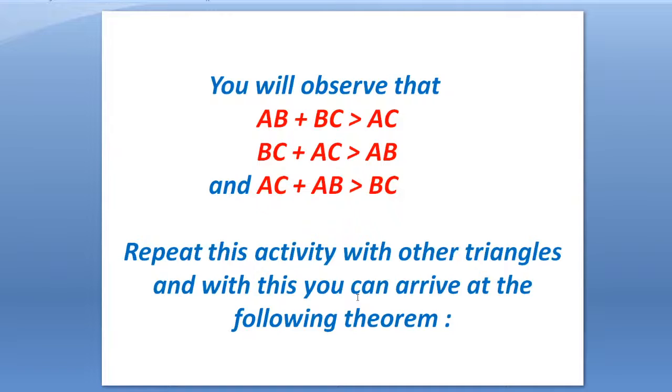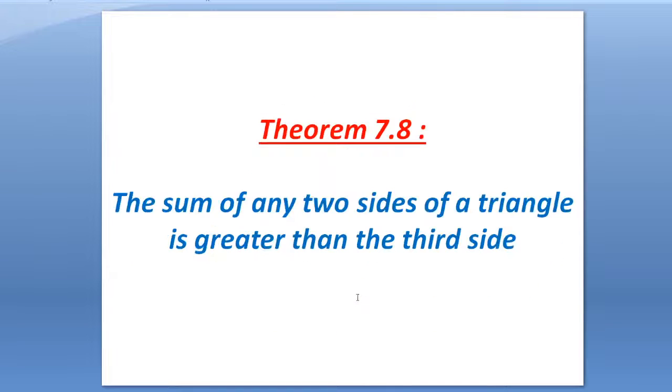Repeat this activity with other triangles, and you arrive at this result as theorem 7.8: the sum of any two sides of a triangle is greater than the third side. This is a very important theorem and property of a triangle.